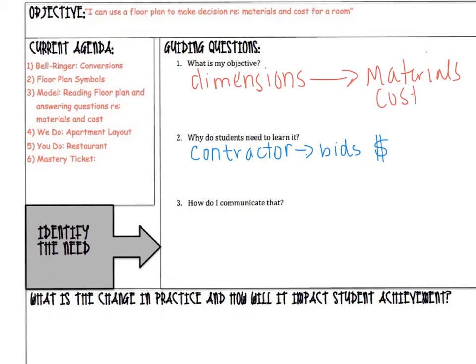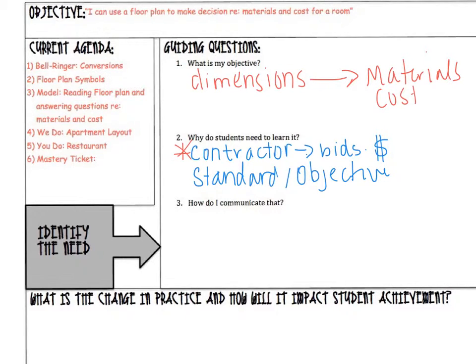Another reason that I need to learn this is because it's a standard and objective for my content. Okay, so that's not as motivating for students. So when I focus on identifying the need, I'm going to focus on this first one.